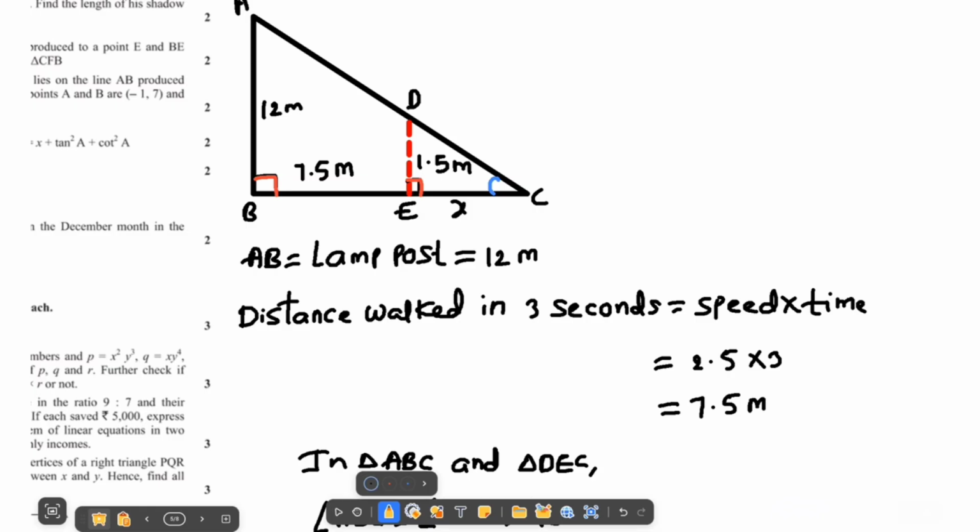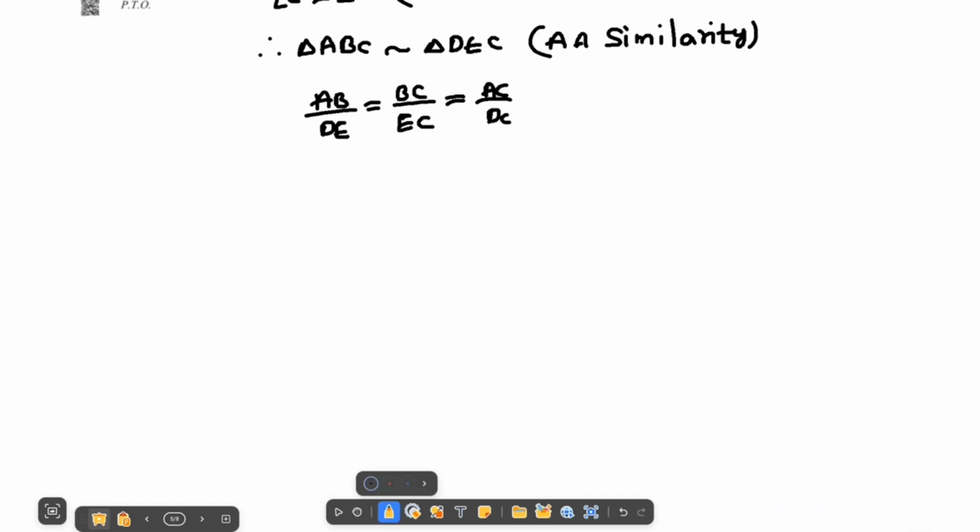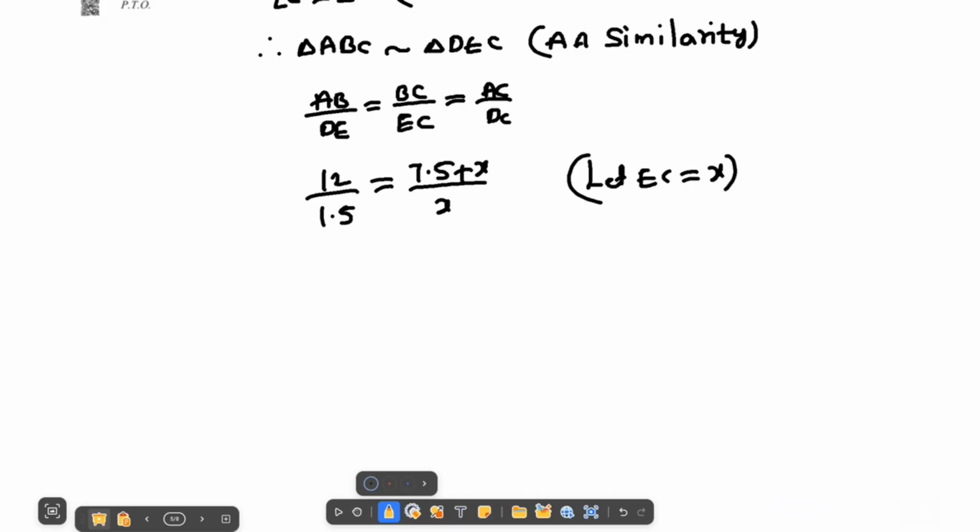Okay. So let's substitute the values. AB is 12, DE is 1.5, BC is 7.5 plus X, and EC is X. Here we have taken EC equal to X. So now this is enough to solve to find the X value, that is EC.